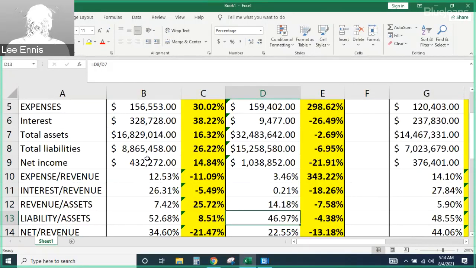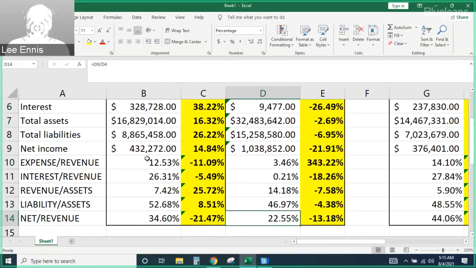And what that means is that they have more assets than liabilities. They own more than what they owe, and that's what you want to see. That's the kind of company that you want to invest in.